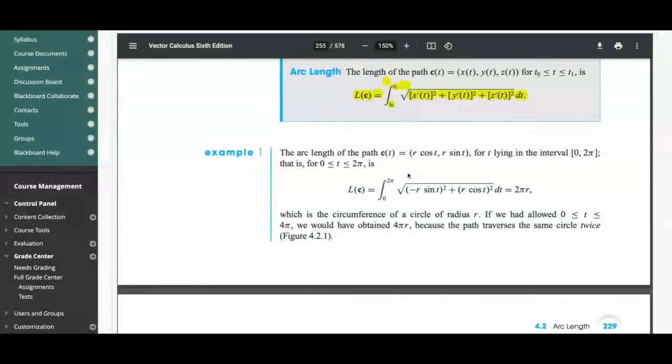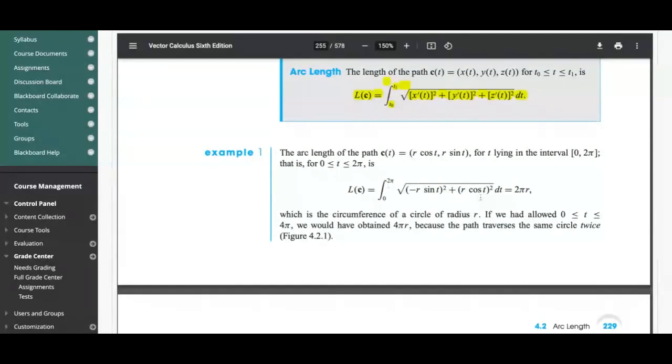X of t is r cosine t, y of t is r sine t. So first we just have to take the derivative c prime of t, right? That would be negative r sine t and r cosine t. Then we square both, and we take the square root. That's going to be the integrand. Lower limit 0, upper limit 2 pi.